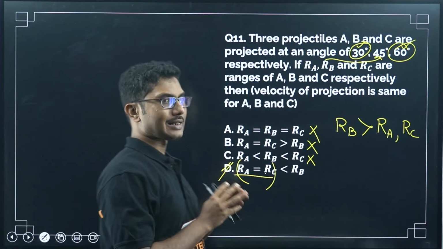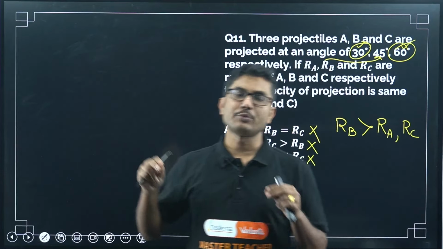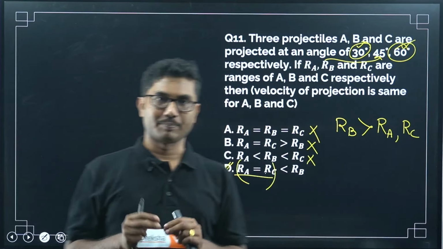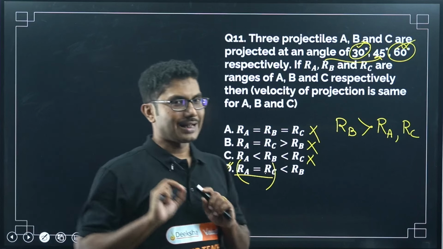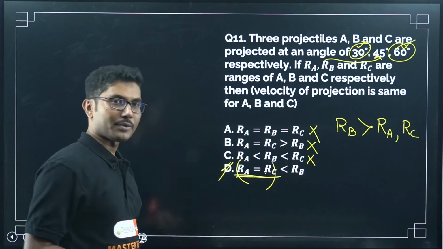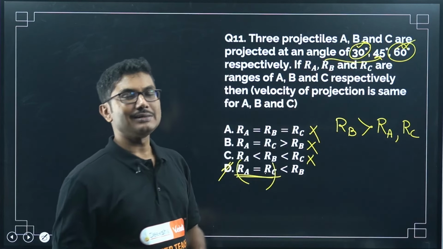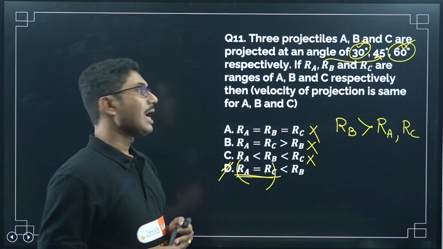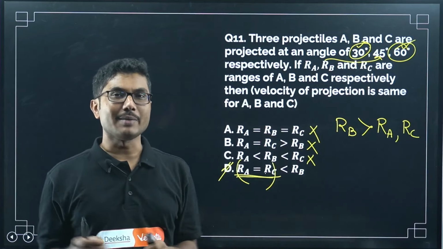If the angles of projection are complementary, then the range of the two respective projectiles will be the same. That is one more extra theorem that you can remember. That's it, nothing else. So RA equals to RC comes from the fact that 30 degrees and 60 degrees are complementary angles, so their range will be equal, and RB having the angle of projection 45 degrees will have the maximum range.